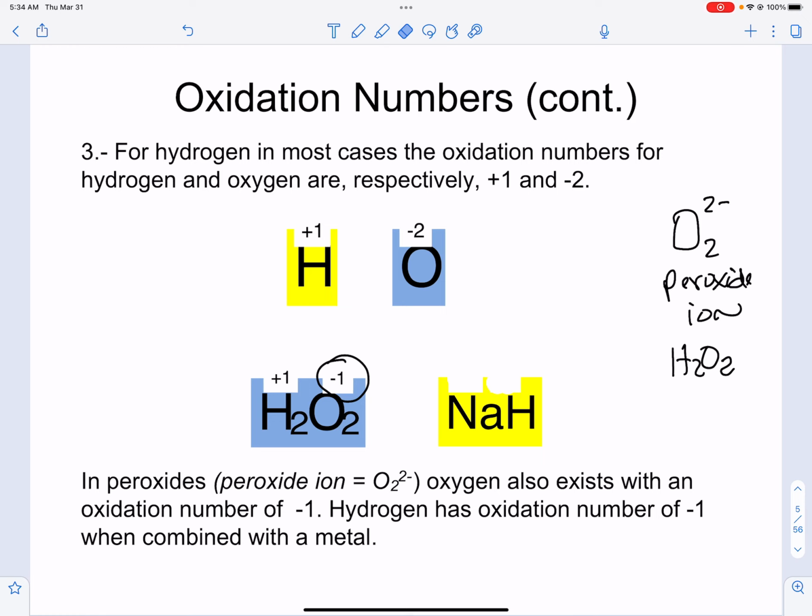And in the case of the hydrogen, if the hydrogen happens to be with a metal, then in that case, hydrogen is -1. It's a hydride.